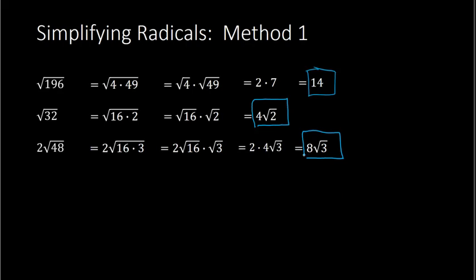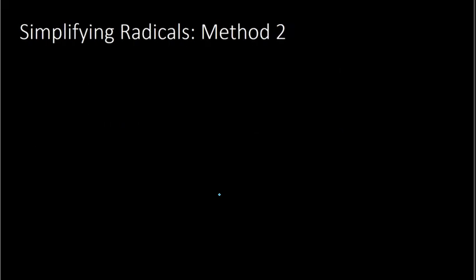Okay, this is one method or one way to simplify a radical. But there are other ways that you can think through this. Here's a second method. Let's say that we have something inside the radical and it's already factored down for us. So maybe we have 8 broken down as 2 times 2 times 2. What I can do is pull numbers out of here.